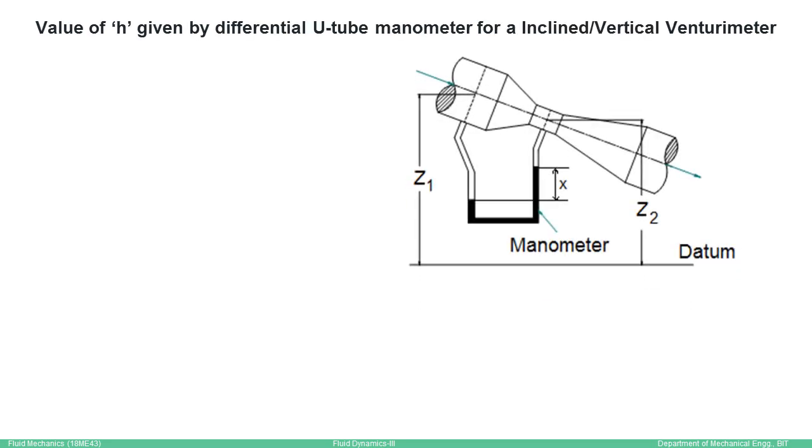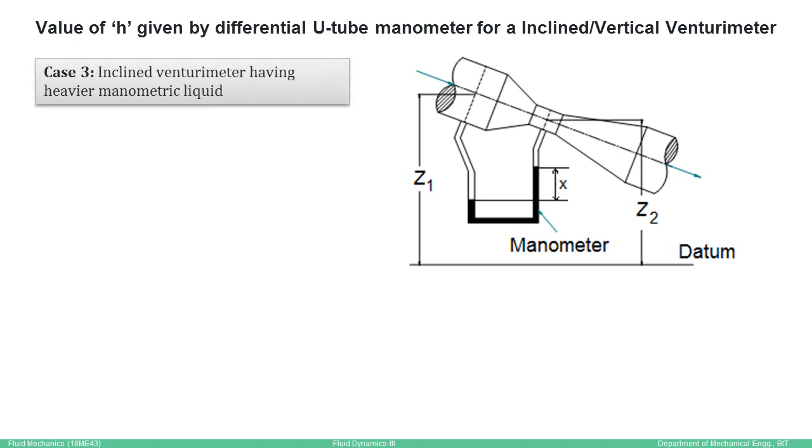And if the meter is in an inclined or vertical position, in that case this x into Sh by S naught minus 1, which is nothing but the piezometric head or h value, is now equal to P1 by rho g plus Z1 minus P2 by rho g plus Z2.